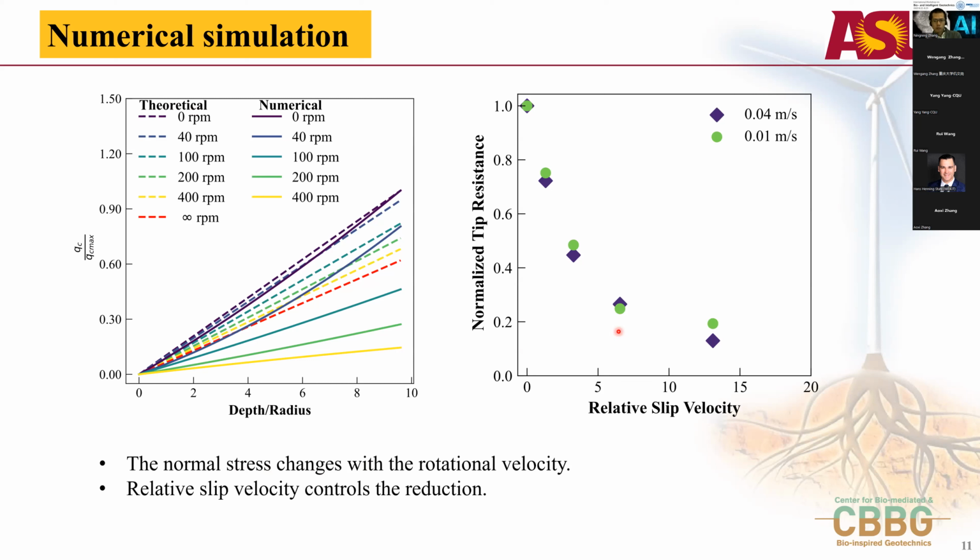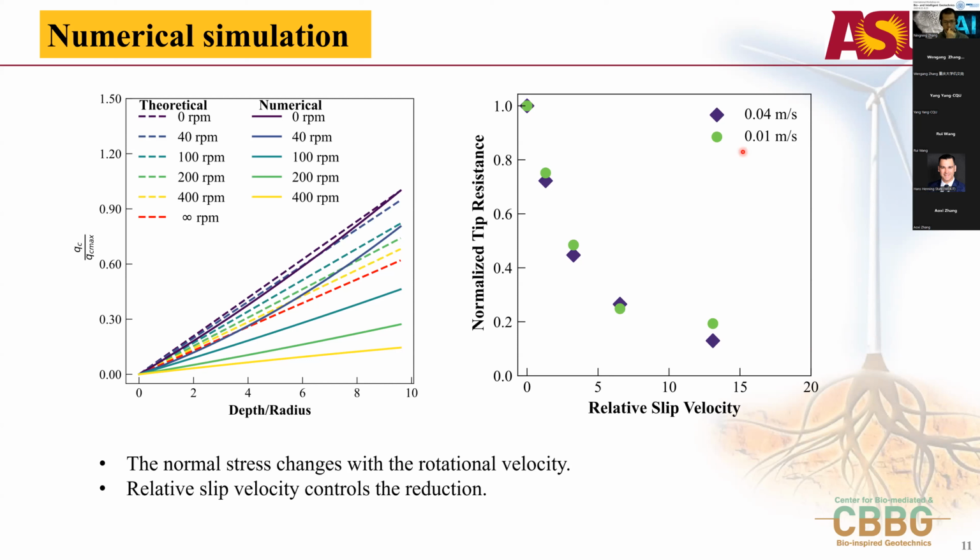Also, in order to figure out whether the reduction of the penetration resistance is related to the absolute value of the velocities or the ratio between the rotational velocity and the vertical velocity, we conducted two groups of simulation.